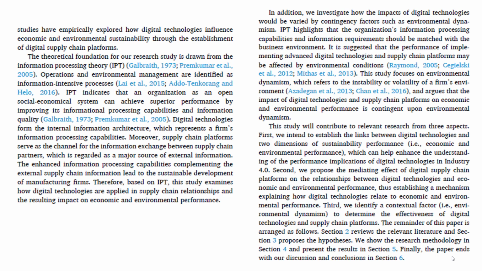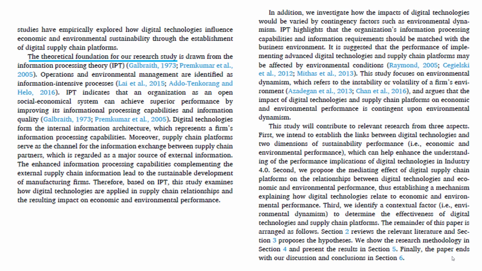So they've looked at it, but few of them have actually empirically studied the relationship between digital technologies and the establishment of these supply chain platforms. So this is the gap in the knowledge. So what is the relationship between the digital supply chain platforms and the economic and environmental sustainability? Right. The next paragraph then takes us to another aspect of the prior research, and this is their theoretical foundation.